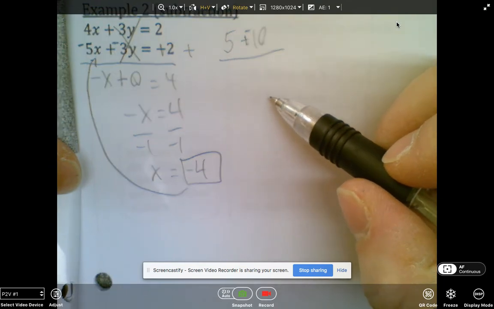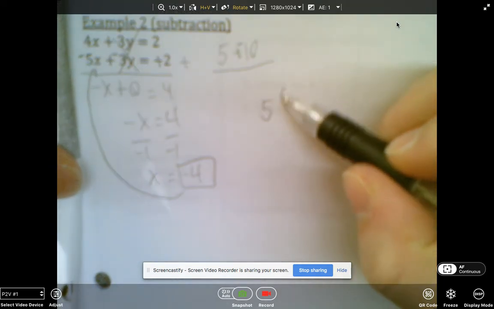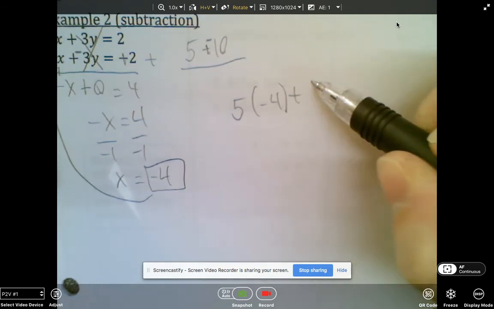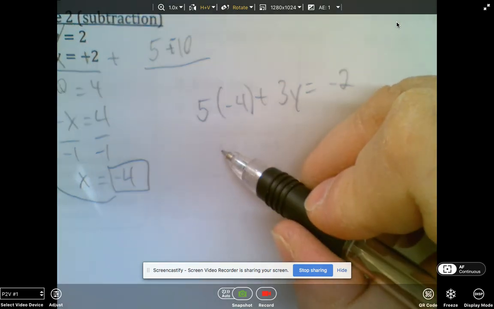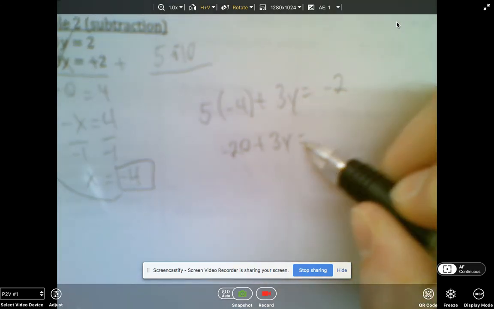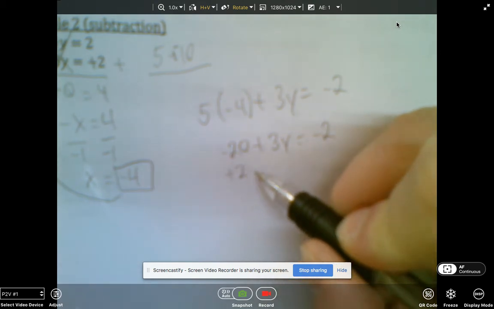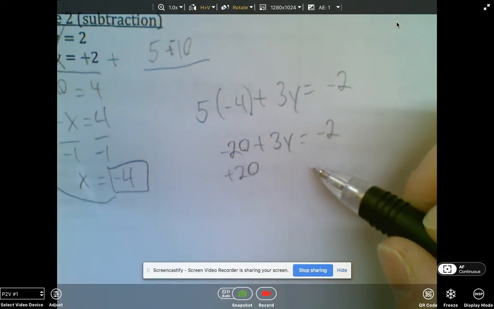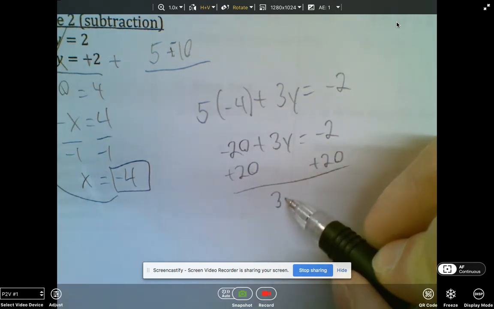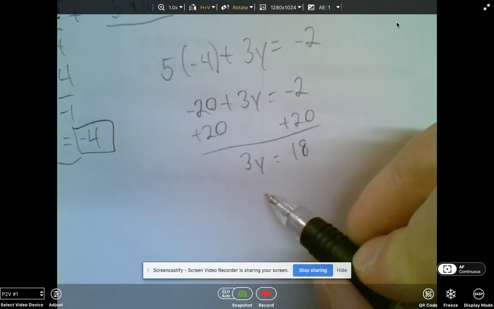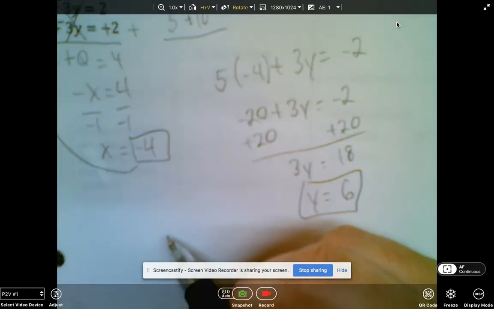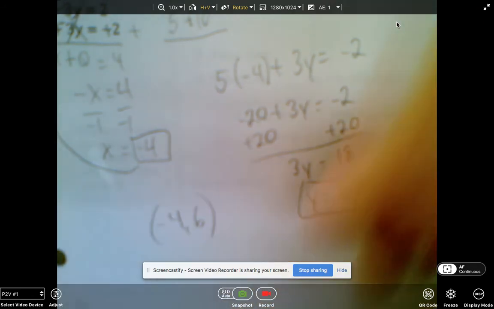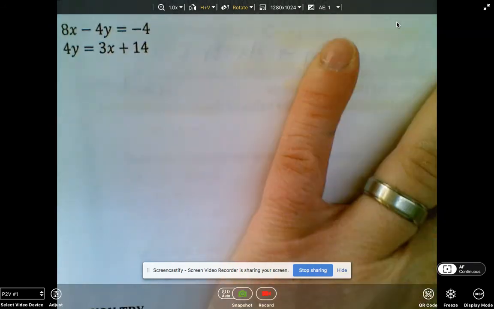So before I changed any of the positive and negatives, I'm left with 5 times negative 4 plus 3y equals negative 2. So then I'm left with negative 20, and then I add 20 to both sides. And now I'm left with 3y equals 18. So y must be equal to 6. Can someone write that as a coordinate for me? -4, 6. Great.